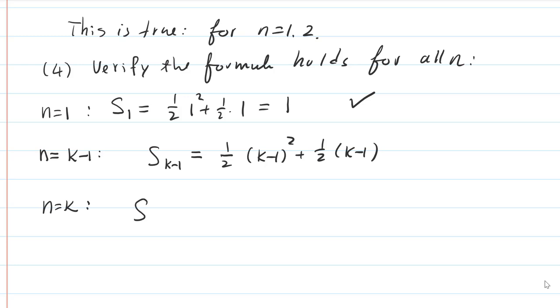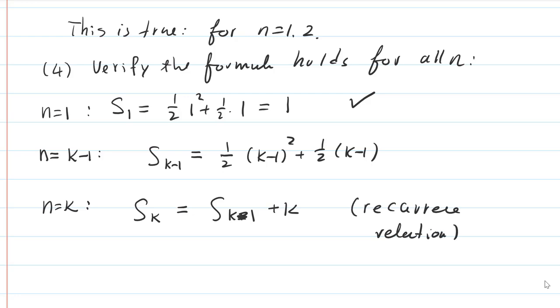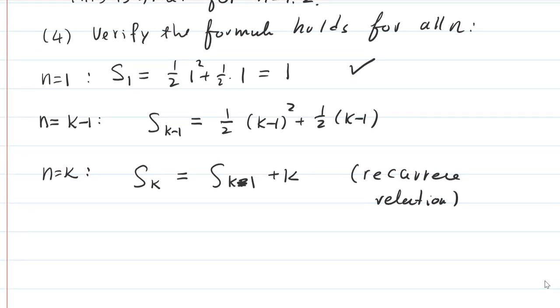That means Sk, and we remember from the recursive formula, or our recurrence relation, that Sk is equal to S(k minus 1) plus k. Then we use this assumption, 1/2 (k minus 1) squared plus 1/2 (k minus 1), and add k. Our hope is that we will get the same formula.